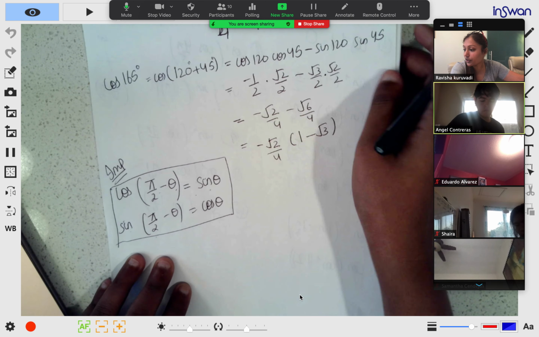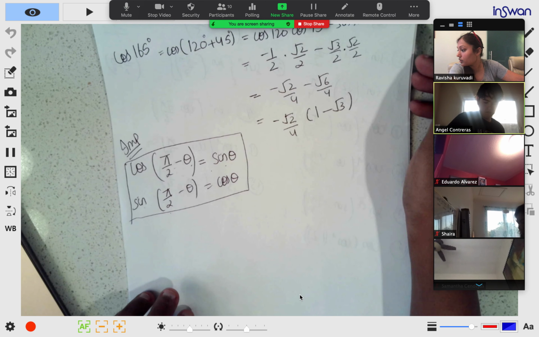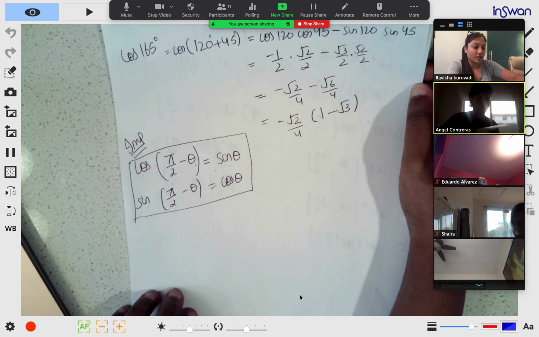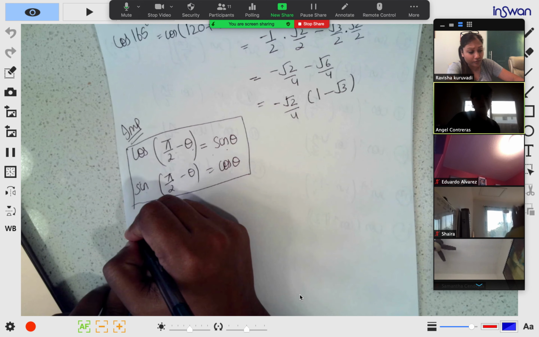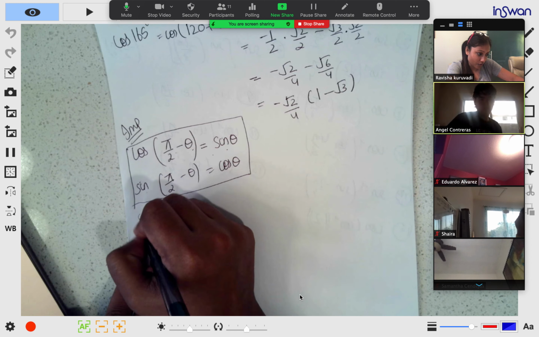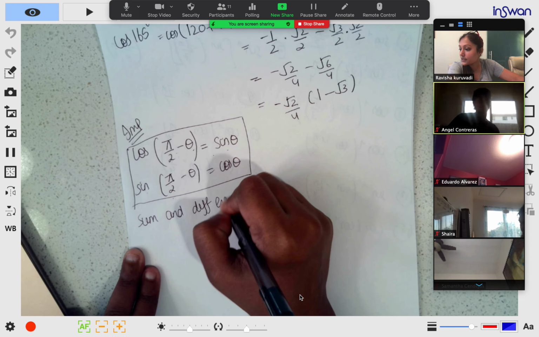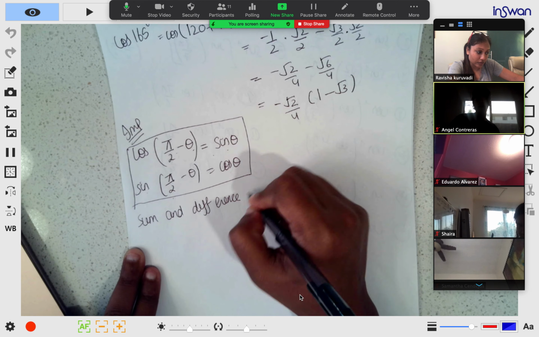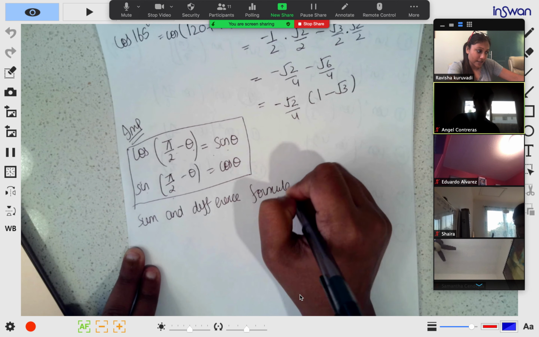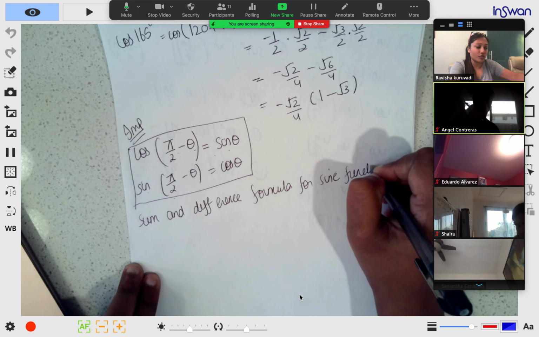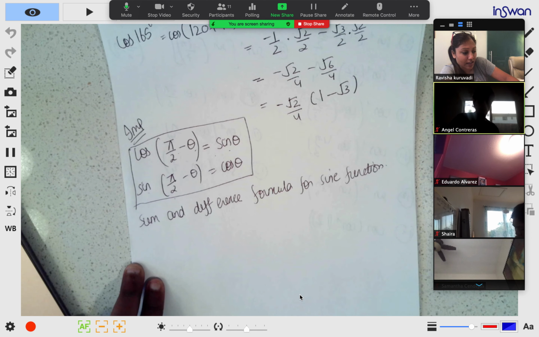Let's do an example here. So do you have the example here? Before that, they want to give the sum and difference formula for the sine function. We did it for the cosine function, now for the sine function.